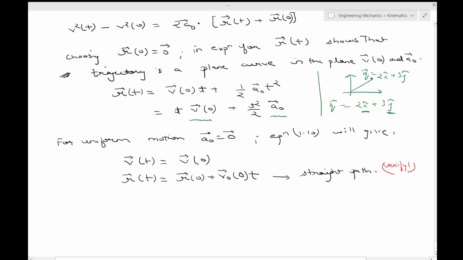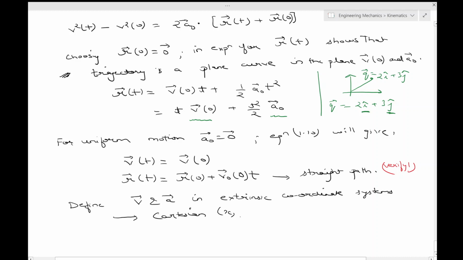Okay, so next what we would want to do is to define the V and A in an extrinsic coordinate system. One is Cartesian, the more famous x, y, z.